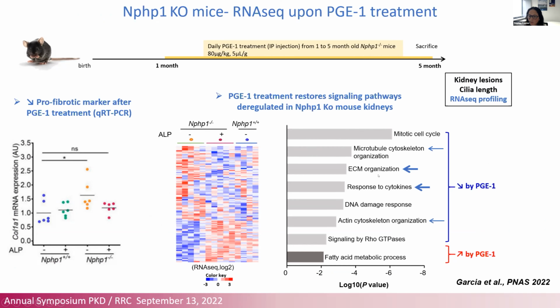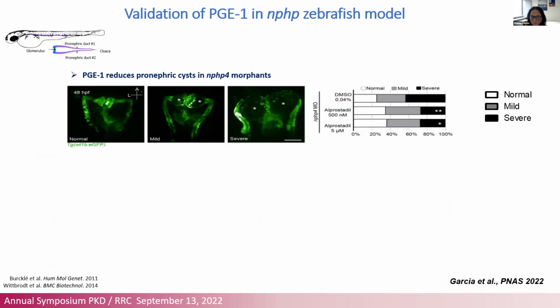We can check quickly, the main regulated pathways are the same as in the urine-derived cells: cell cycle, microtubule cytoskeleton, ECM organization, and cytokine response, evocative of an inflammatory defect.